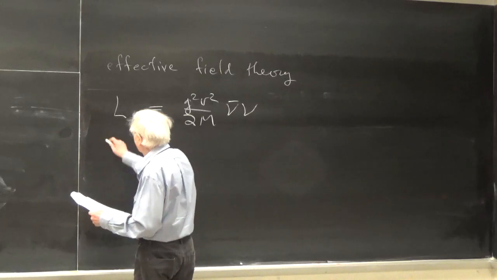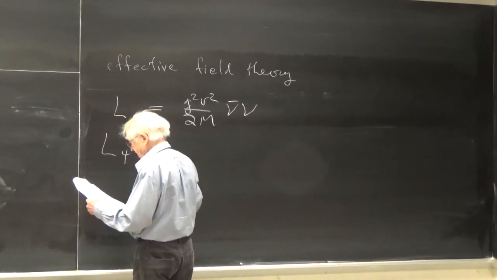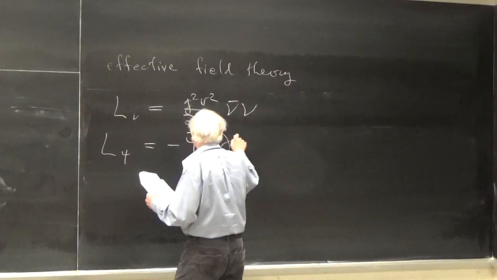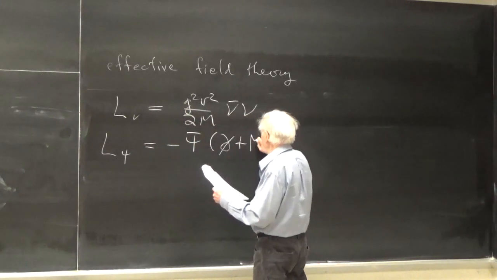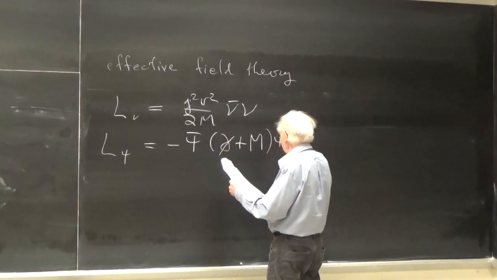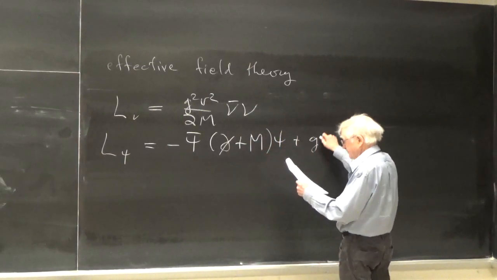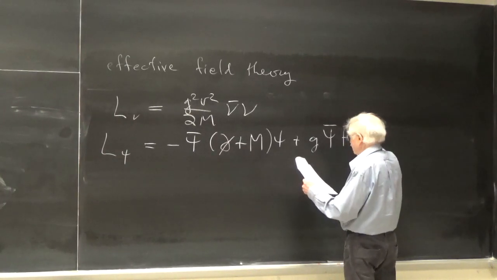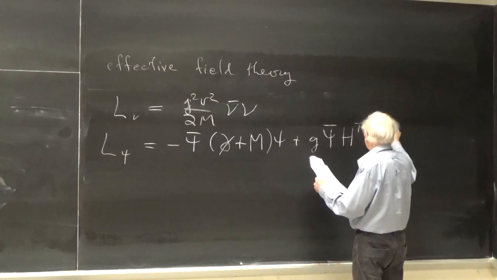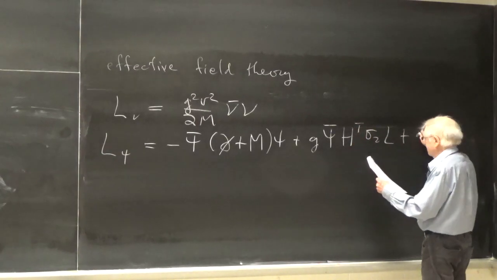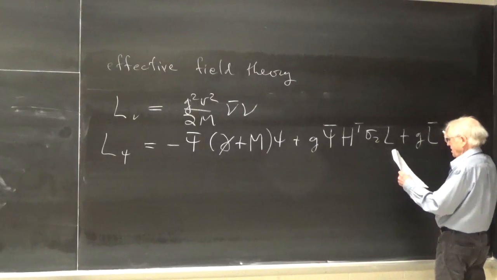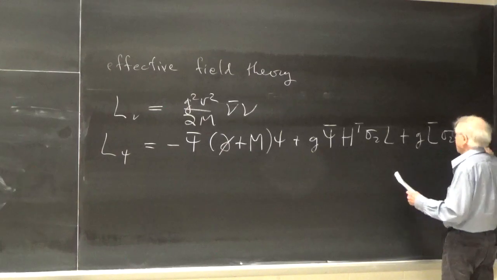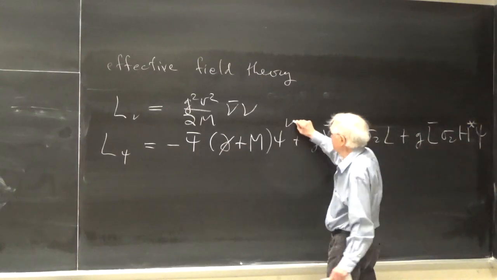This thing would come from terms in a high energy theory that would look like this: minus psi bar d slash plus u gem psi plus g psi bar some sort of Higgs transpose sigma 2 L plus g L bar sigma 2 H star psi. So psi is a heavy fermion field.